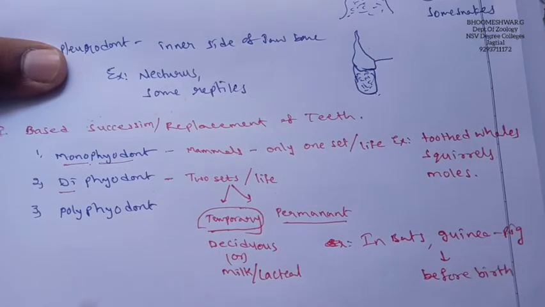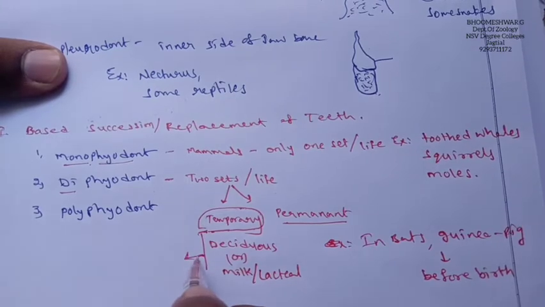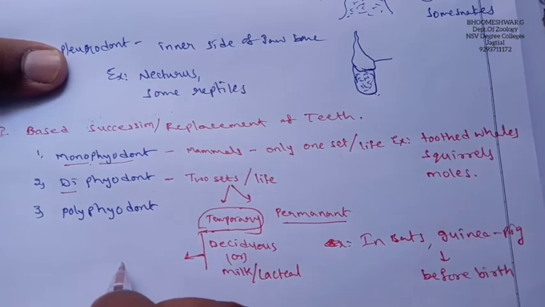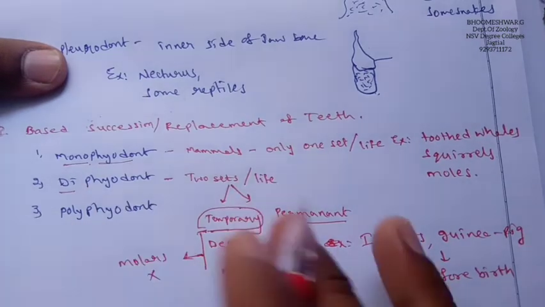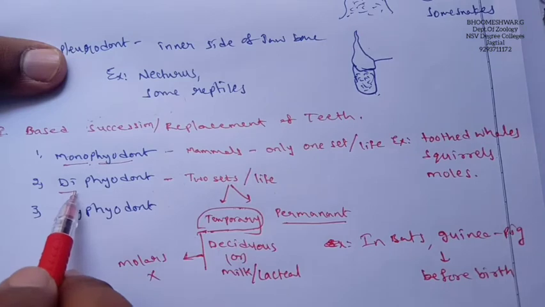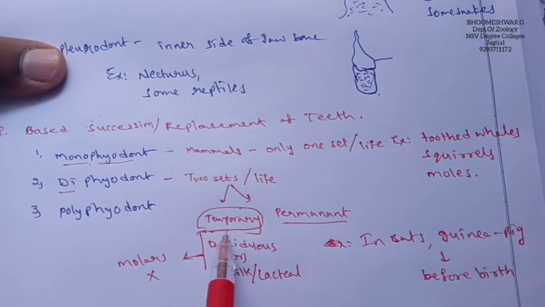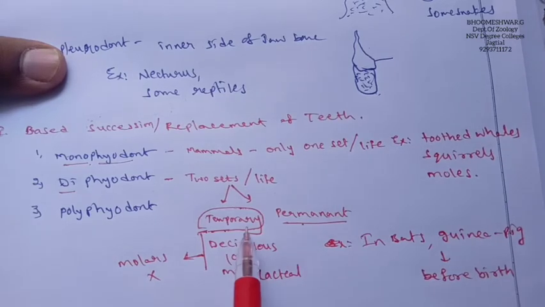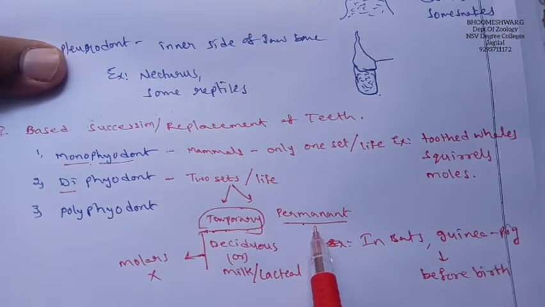And the milk molars are completely absent in all members of the mammalians, right? So this condition is called diphyodont, meaning two sets of teeth, temporary and permanent, where the temporary teeth are replaced by permanent teeth.